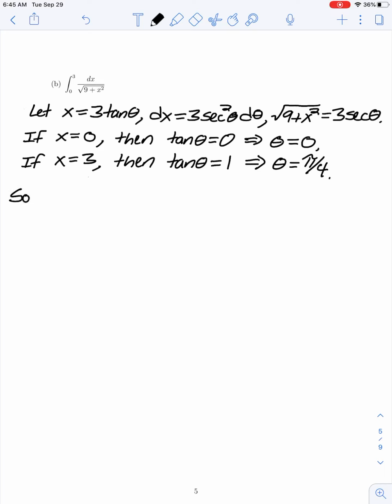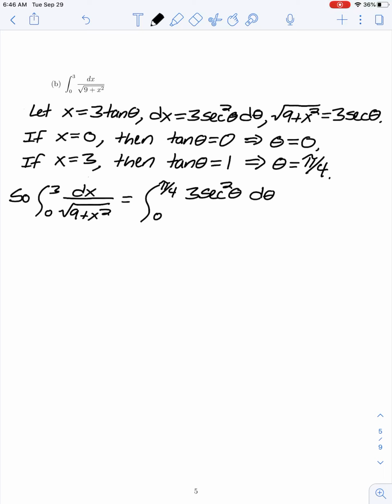So let's rewrite our original integral in terms of theta. So we now have the integral from 0 to pi over 4. Our numerator was dx, which we said is 3 secant squared theta d theta.